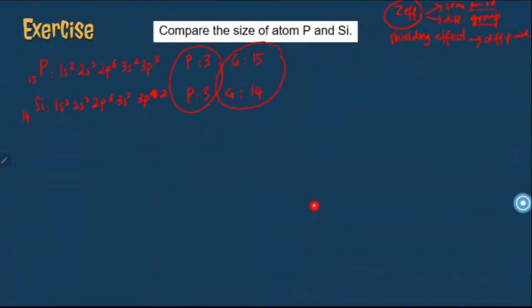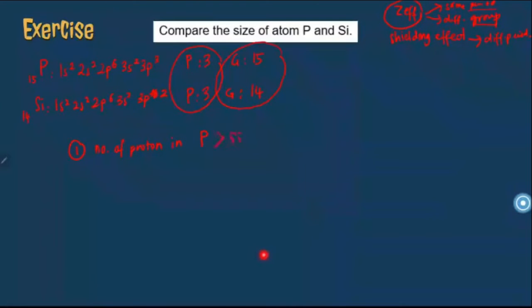So you have to explain in terms of Zeff. Zeff is affected by the number of protons. So you compare the number of protons first. The number of protons in phosphorus is greater than silicon.